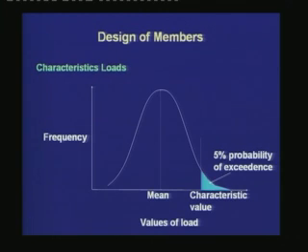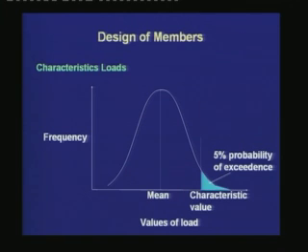When we start the analysis, we pick up the characteristic value for a particular type of load. The characteristic value is defined as the value which has only 5% probability of exceedance. That means 95% of the time the load will not be exceeded, and this assumes a normal distribution of the values of the load.